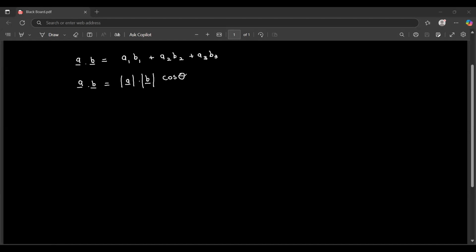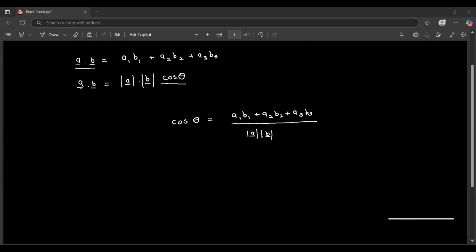So by using these two equations, I can come up with an equation for theta. So cos theta is equal to A1 B1 plus A2 B2 plus A3 B3 over modulus of A into modulus of B.